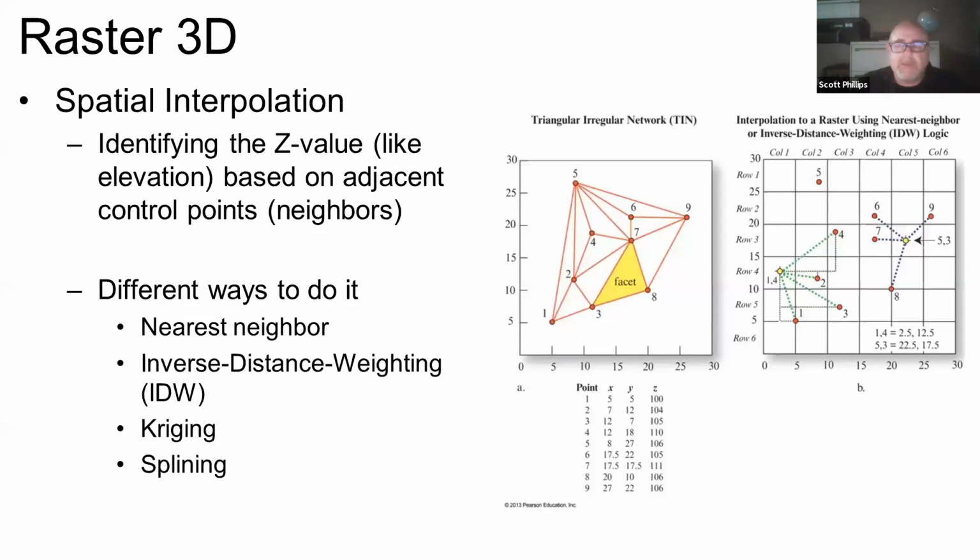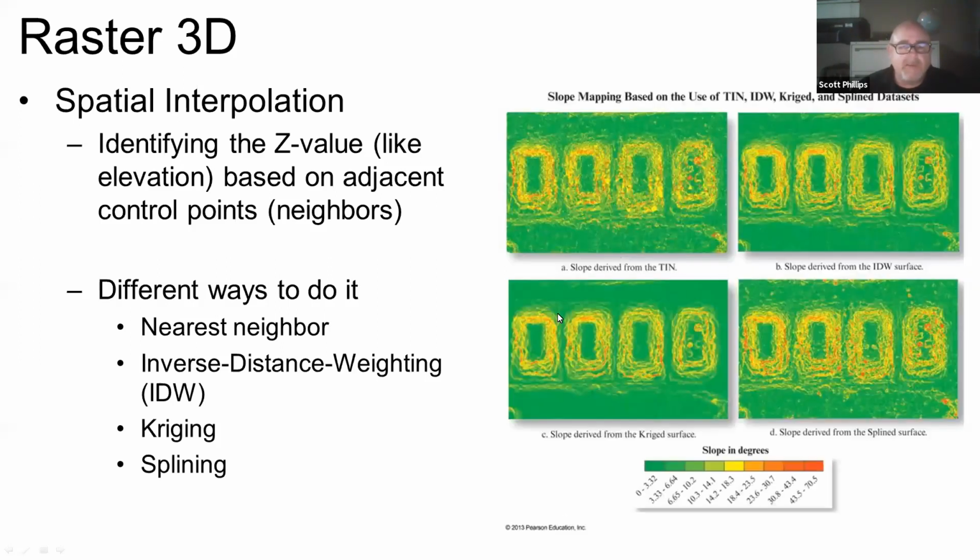Inverse distance weighting, which is a little bit more mathematically involved, kriging and splining. And whichever method you choose will give you different results, because they're using different methodologies to fill in those missing values.